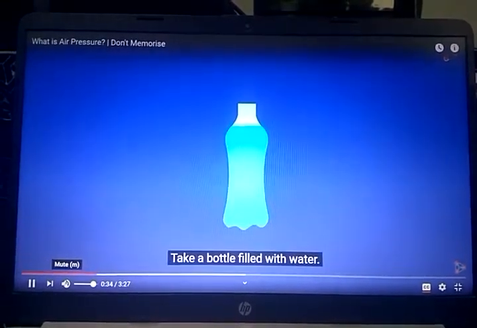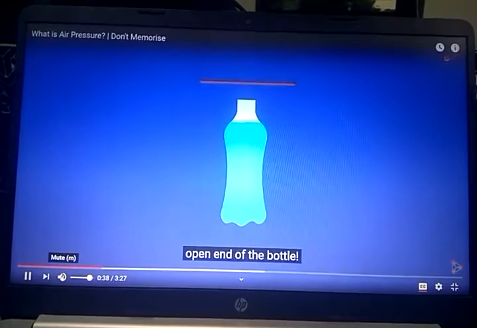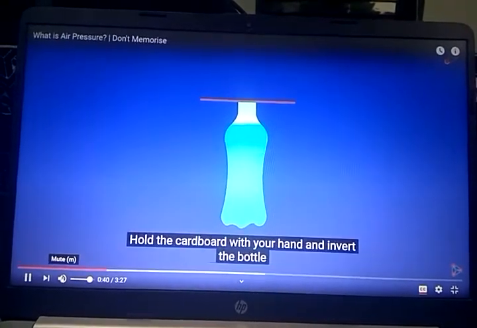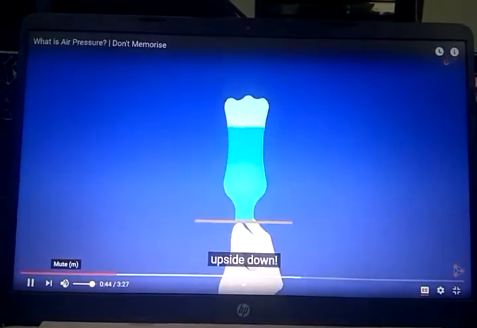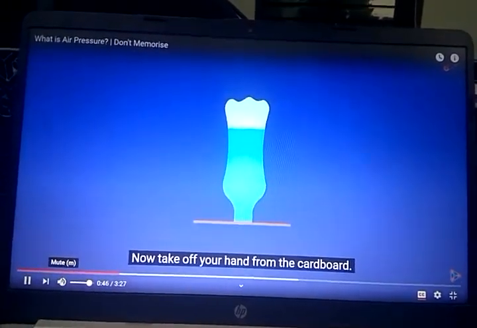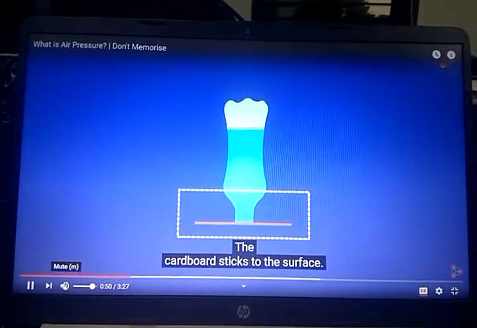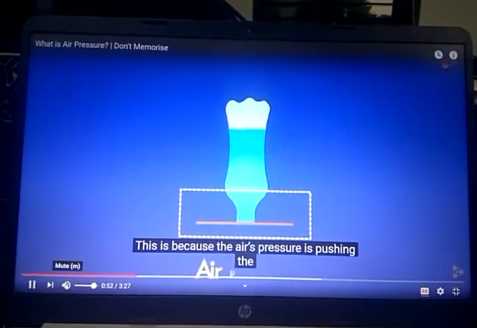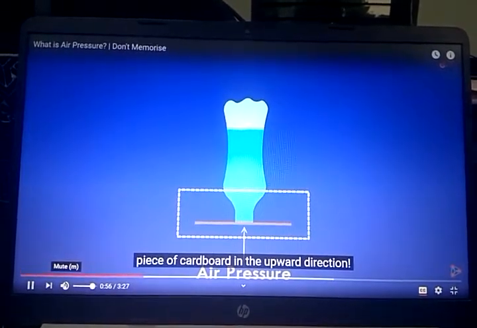Take a bottle filled with water. Now take a piece of cardboard and place it on the open end of the bottle. Hold the cardboard with your hand and invert the bottle upside down. Now take off your hand from the cardboard. What did you see? The cardboard sticks to the surface. This is because the air's pressure is pushing the piece of cardboard in the upward direction.